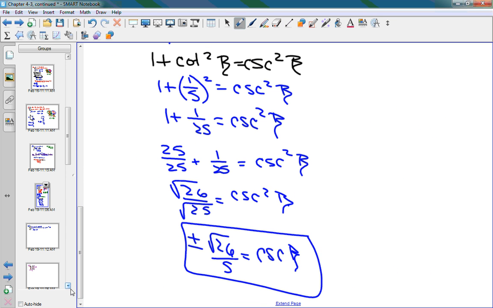Matt, are you copying? What's up? Because I gotta take the square root to get rid of the square here. No, because what's the square root of 25? 5, that's why there's a 5 there.